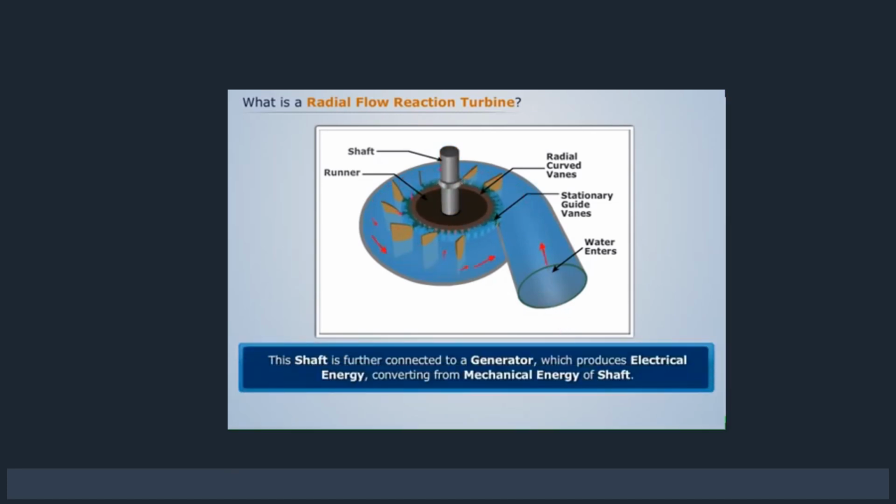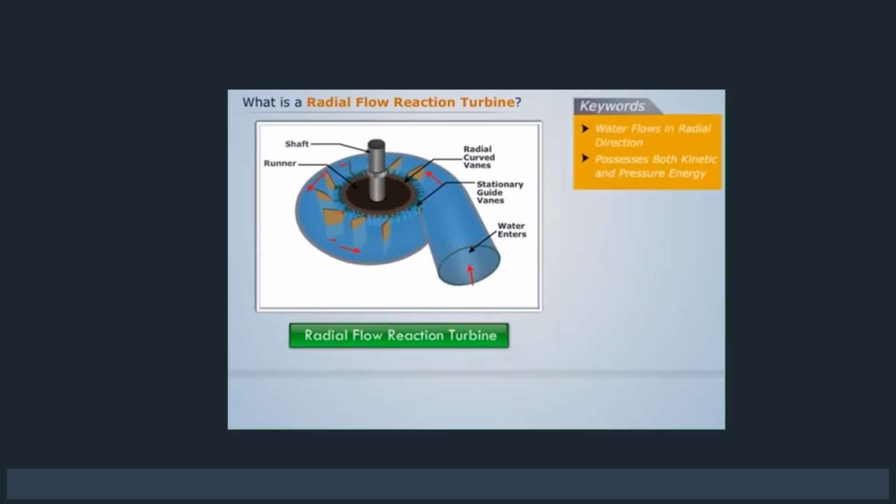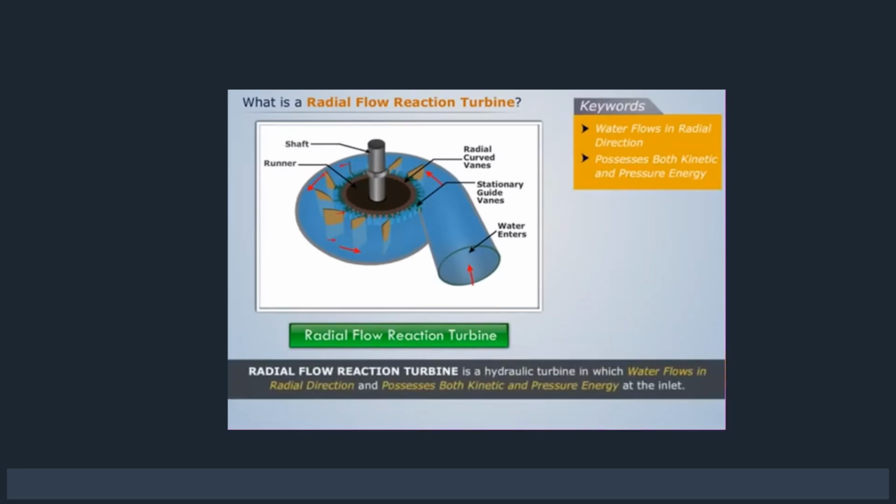This shaft is further connected to a generator, which produces electrical energy, converting from the mechanical energy of the shaft. This type of turbine in which water flows radially and possesses both pressure and kinetic energy is called a radial flow reaction turbine. Thus, a radial flow reaction turbine is a hydraulic turbine in which water flows in radial direction and possesses both kinetic and pressure energy at the inlet.